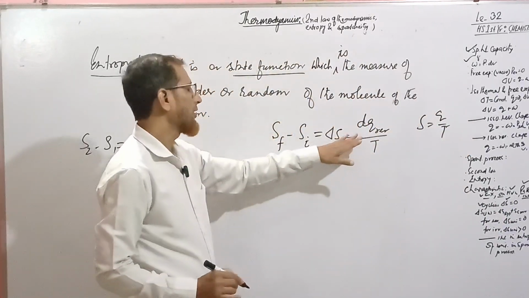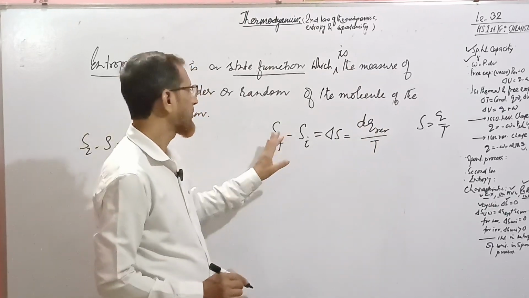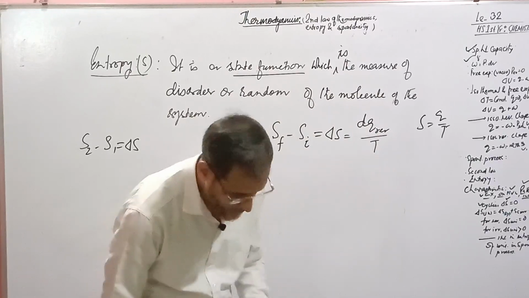So dq is the heat content and T is the temperature. So entropy delta S is equal to dq reversible by T.